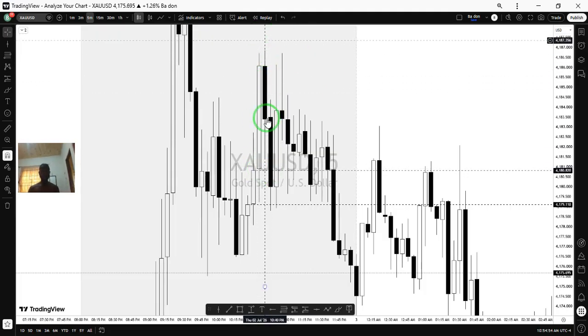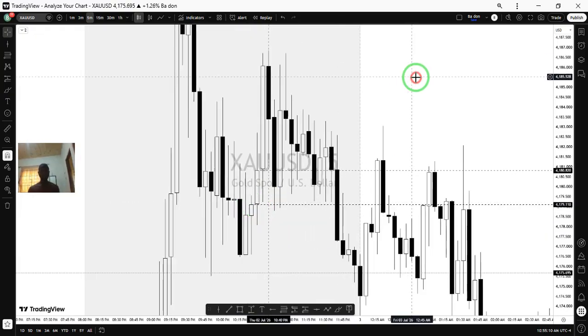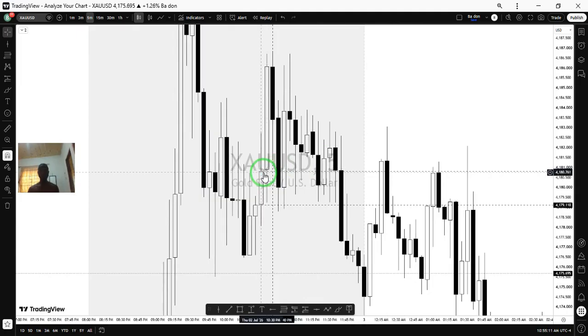So we are marking that candle, that time where that candle opens up, and we are anticipating price to retrace into that zone. So now I'm marking this also, because in case this one fails, we'll be seeing if this one works.